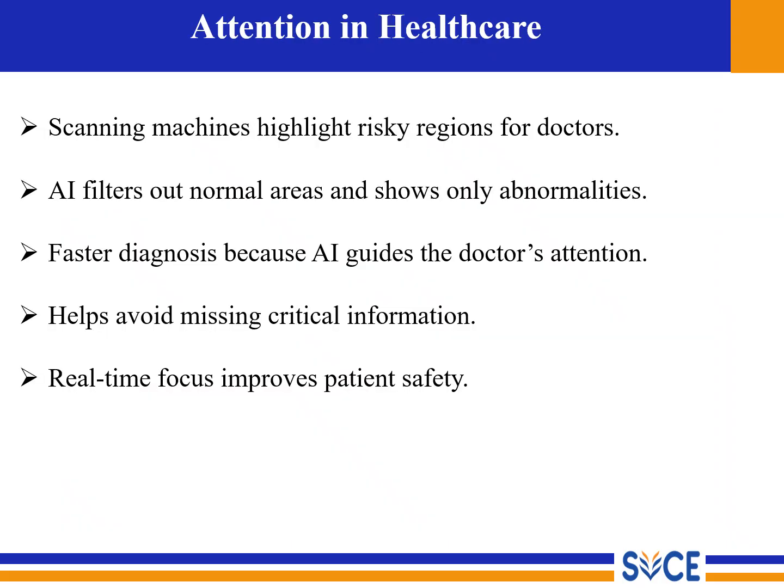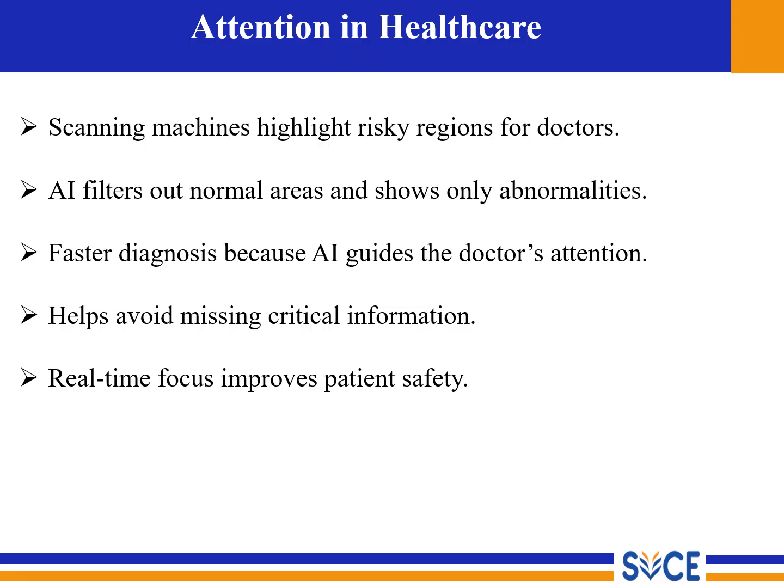Now let us look at a more critical application, healthcare. In medical imaging, AI systems assist doctors by highlighting abnormal regions in scans such as X-rays or MRIs. Instead of analyzing the entire image equally, the AI focuses on suspicious areas.